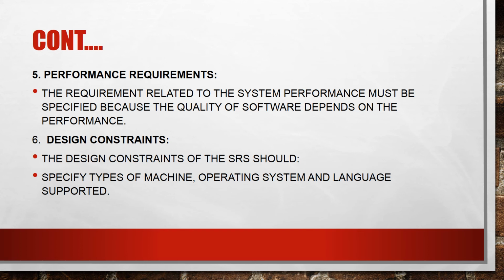Then in the next section, that is the design constraints section, we cover things like what operating system we should use, what programming languages we should use or what languages will support this system, or what type of machine will support this kind of system. So all these things are mentioned in the design constraints. Then apart from this, we also consider the recovery requirements, like what happens if some failure occurs.